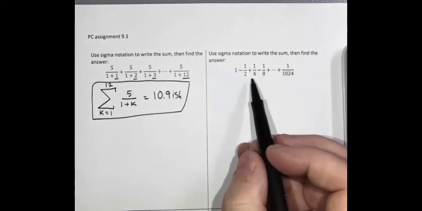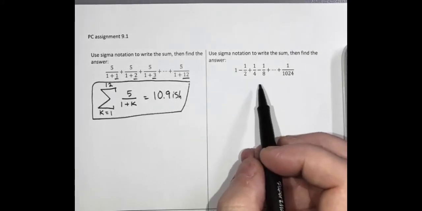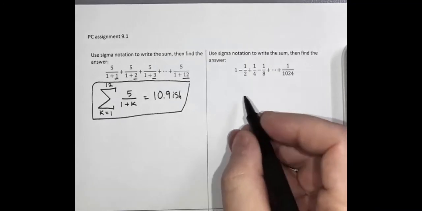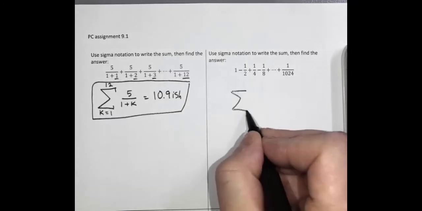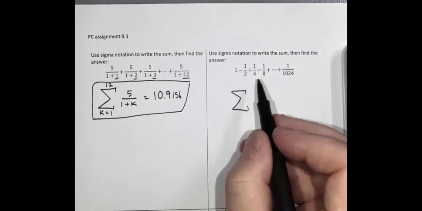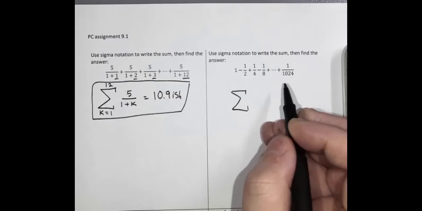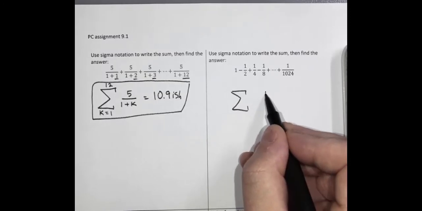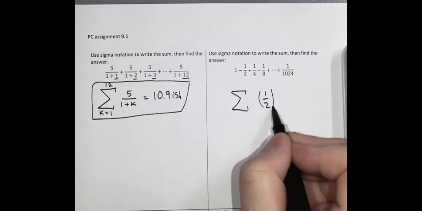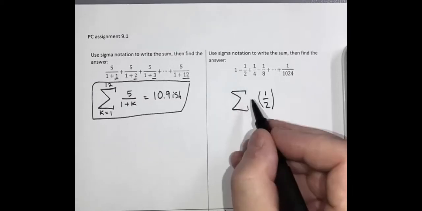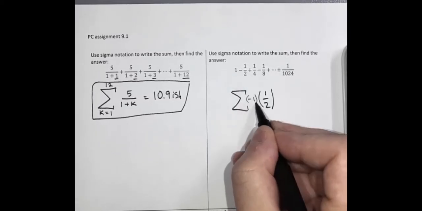Okay, problem number 2, the problem over here in quadrant 1, is 1 minus 1/2 plus 1/4, etc. So that's, again, summation notation. Here we have the numbers 1/2, 1/4, 1/8, so I can see the powers of 1/2 occurring. And I also see that I am alternating between positive and negative, so I'm going to put my -1.